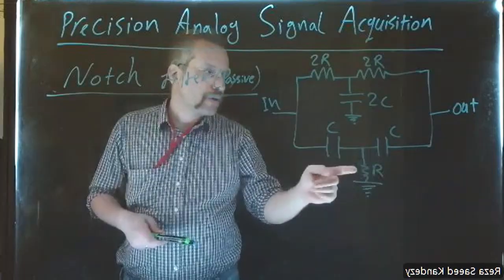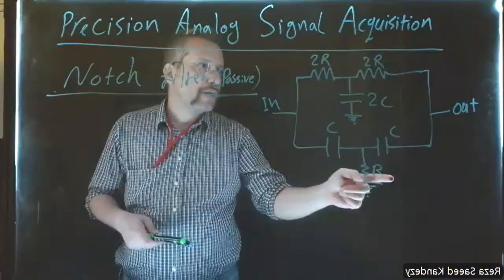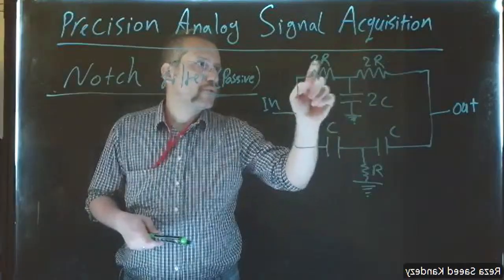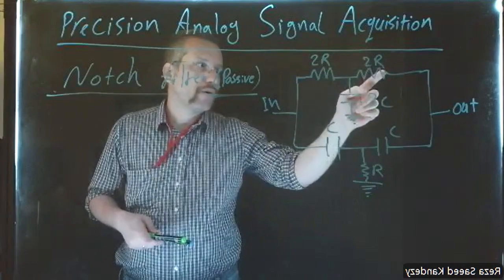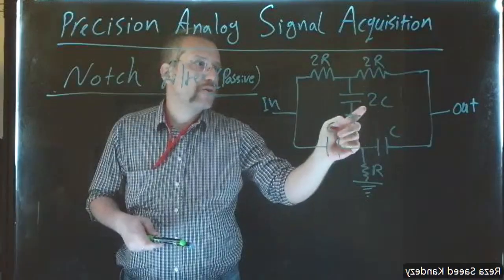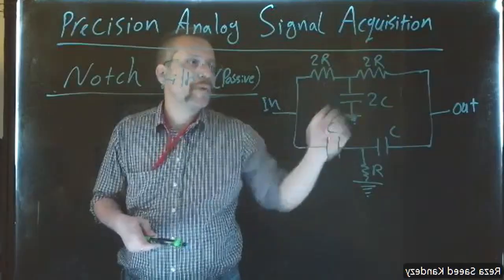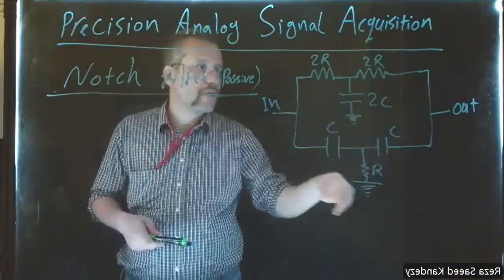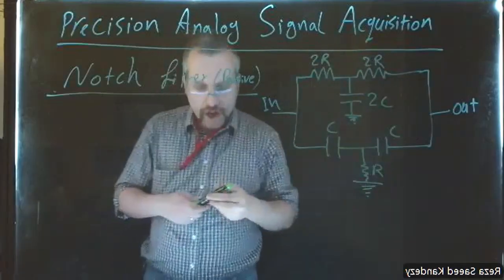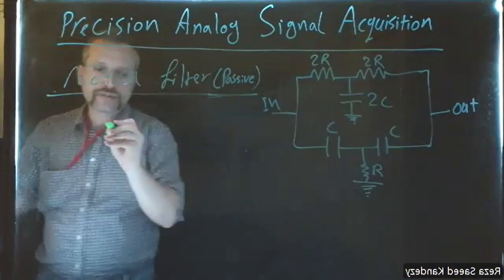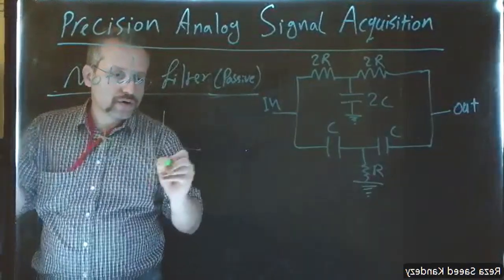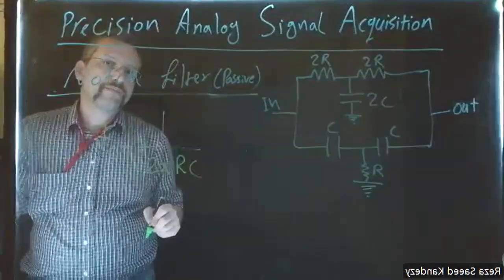If you choose this resistance as R and choose the low pass part of the filter as 2R, 2 times that R, use C as the capacitance in the high pass and use 2 times C in the low pass, so basically the values in the low pass are twice the values in the high pass, then you can simplify the formula of the cutoff frequency to again 1 over 2 pi RC.